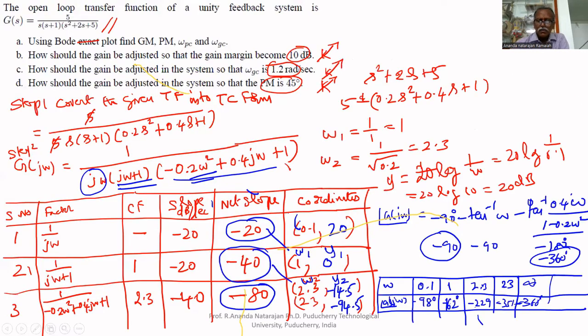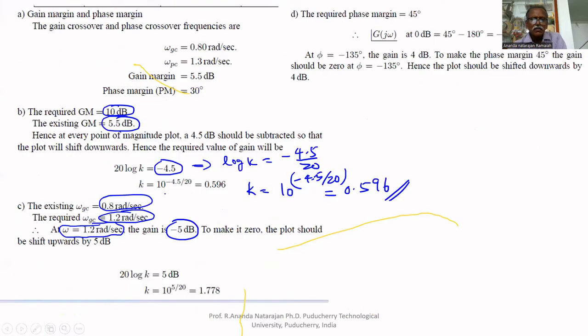So, the question is, the new gain crossover frequency must be 1.2. At 1.2, it should be 0 dB for the new system. But here, in the present case, we are having minus 5 dB. That minus 5 dB must be made 0, which means we need 5 dB gain to make it 0 dB.